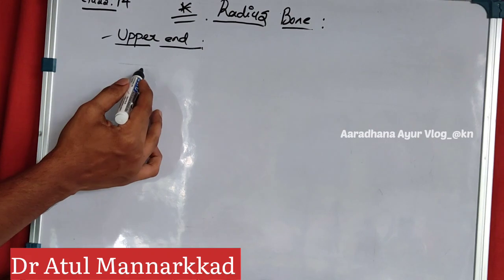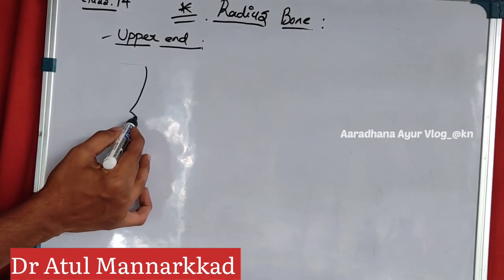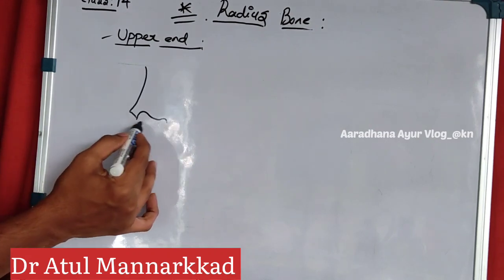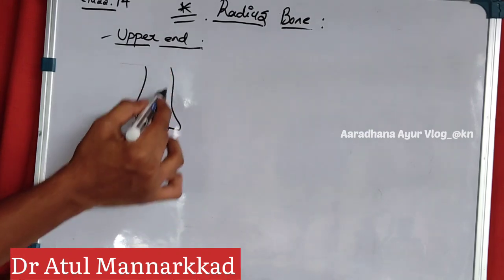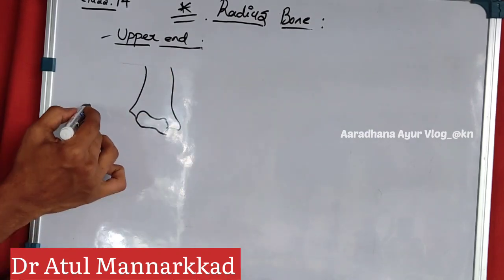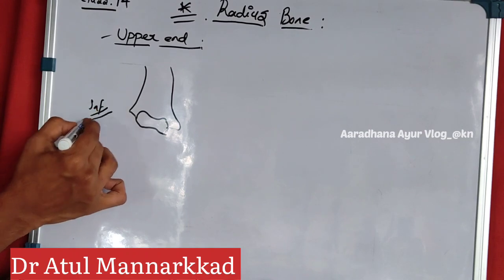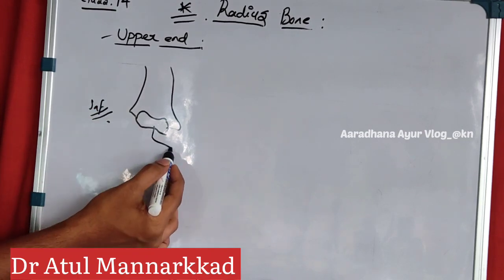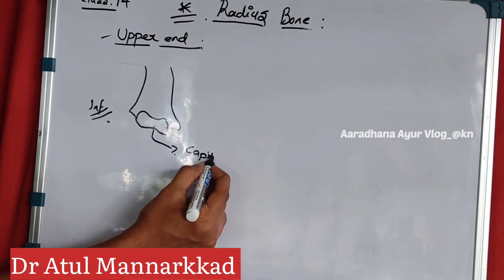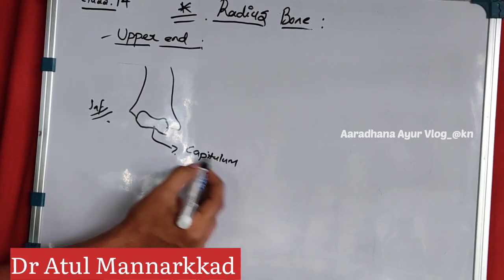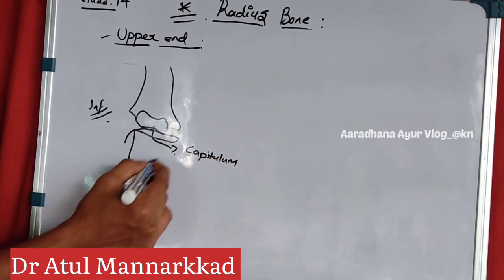If you talk about the humerus, it is somewhat like this. The down part is like this. This is the humerus, and this is the inferior surface. This is known as the capitulum. Here comes the radius bone.